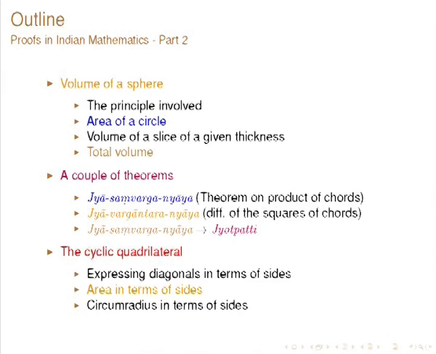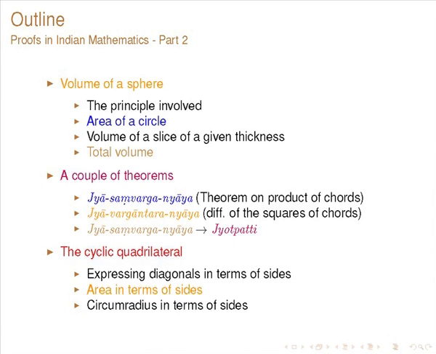Samvarga is product. So this has been repeatedly said: Jya Samvarga, product of sines. This is one theorem. And Jya Vargantara Nyaya: Jya Varga is sine square kind of a thing, and Antara is difference. So Jya Vargantara Nyaya refers to the difference in the squares of sines.